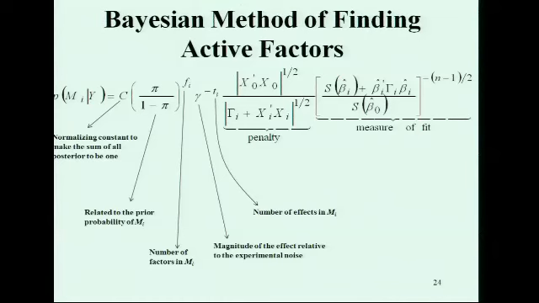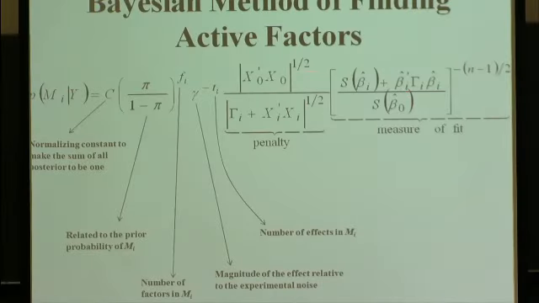Here is the posterior probability of the models after some calculations. Although it's a somewhat big expression, all the components have a specific meaning. But I'm going to emphasize the last two. The last one represents a measure of fit.